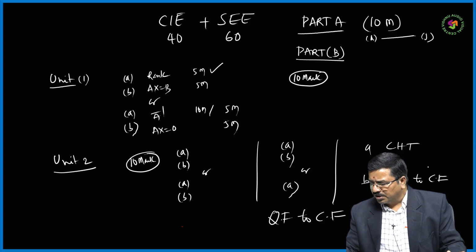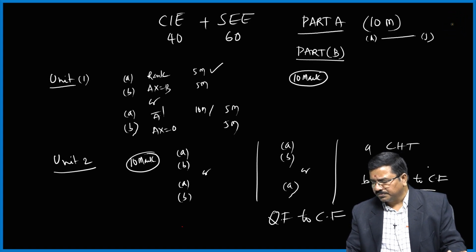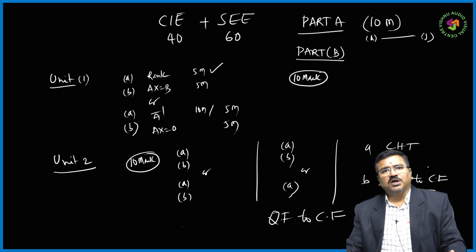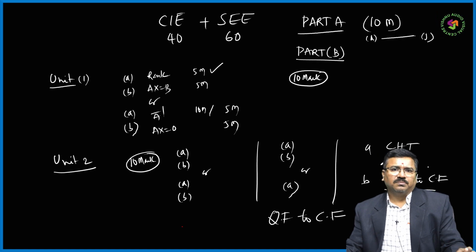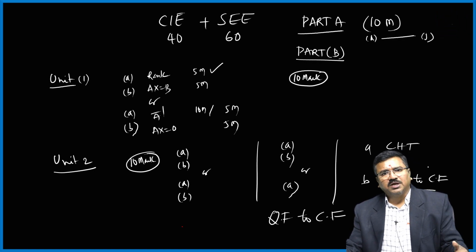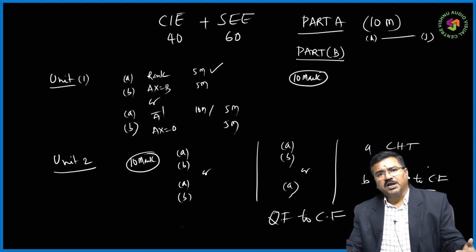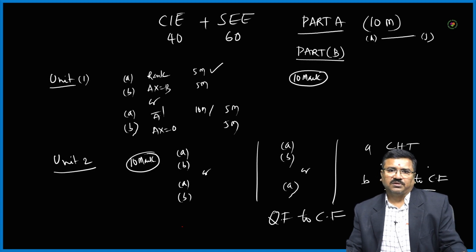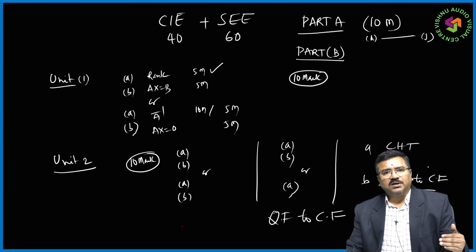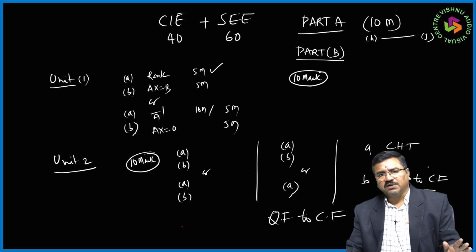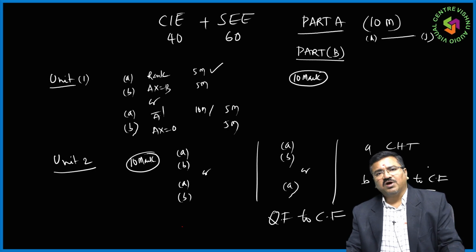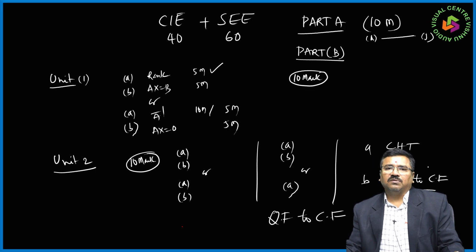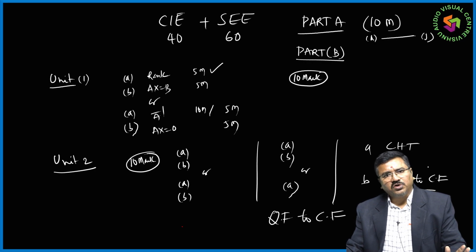There are 6 or 7 problems, and most of the time these problems are repeated again and again. Only practice is required. In that, everything is covered: eigenvalue, eigenvector, and diagonalization. Even if diagonalization is asked, it is covered. So it is a very small unit also.